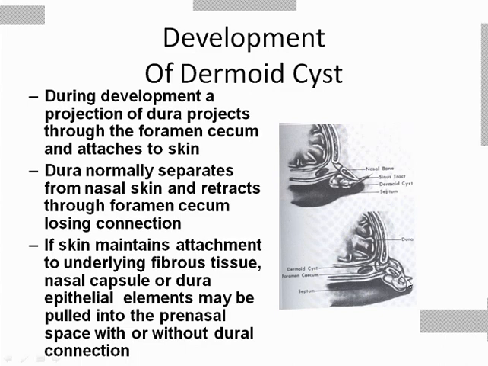Any route it can come, and then it can get entrapped with both mesenchymal as well as epidermal structures. So it will contain all the dermoid elements. The congenital dermoid usually contains both epithelial as well as mesenchymal contents.